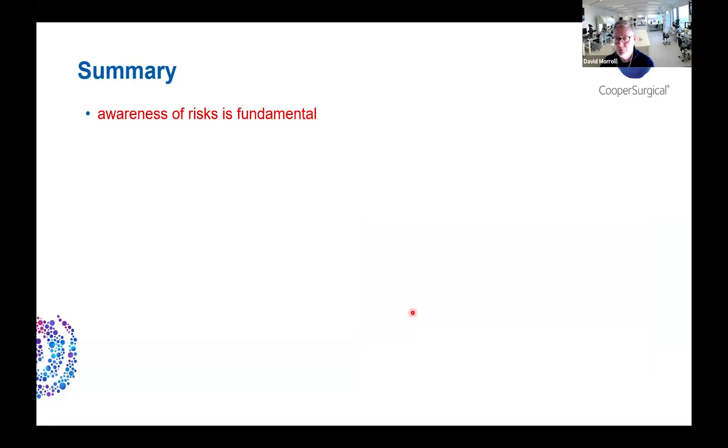Okay, that was a whistle-stop tour of use of quality management, quality control and KPIs. Just to summarize, we started by highlighting the fact that awareness of risks is fundamental. We also said that quality improvement is an essential tenet of quality management. It's got to be central to what you do, and it should be continuous.